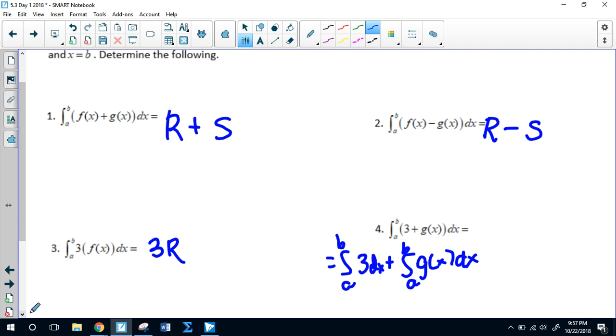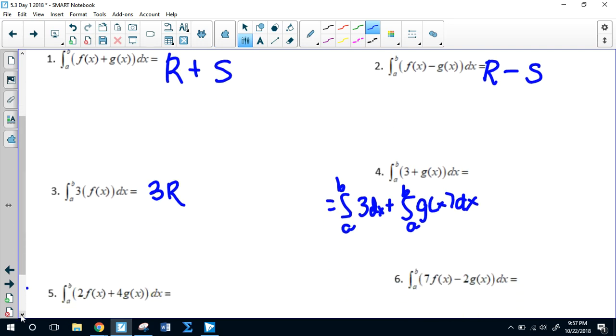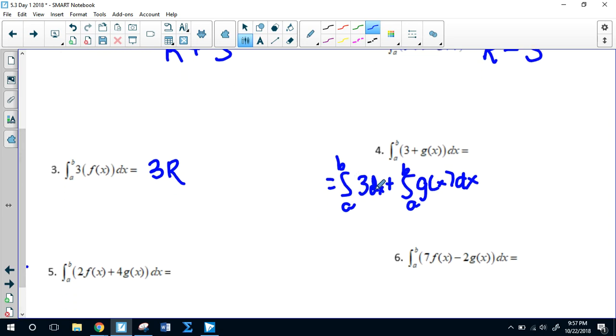So when we go to simplify this, we learned yesterday that I can take the integral of a constant by taking 3 times the top bound minus the lower bound, so 3 times b minus a. And we just saw at the top that this integral with the g of x is equal to s. So 3 times b minus a plus s.